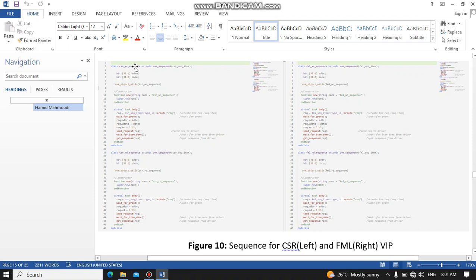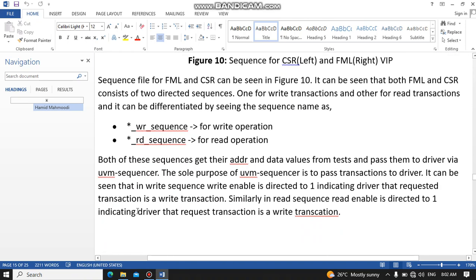So in the CSR write sequence, address and data are taken from the user, and then write enable turns 1 and it is then passed to the driver. Similarly, in the CSR read sequence, we have the same address, read enable is turned 1, and it is passed to the driver.